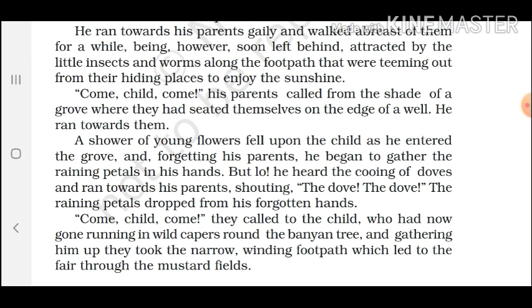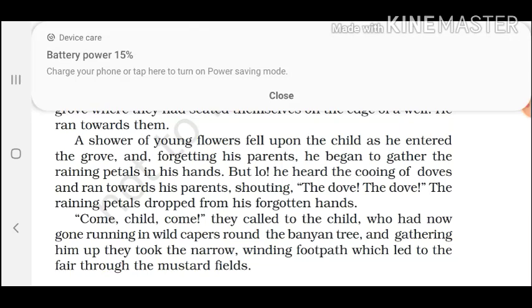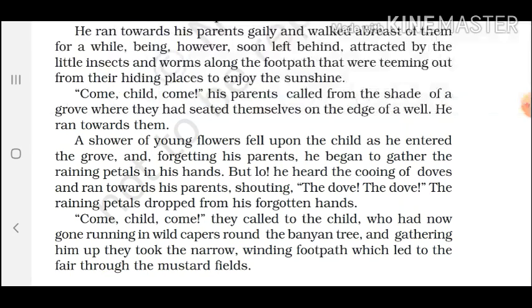So the boy forgot his parents, and he began to gather the raining petals. Raining petals means falling petals. He started collecting falling petals, but lo, he heard the cooing of a dove and ran towards his parents, shouting, "The dove, the dove!" The raining petals dropped from his forgotten hands.